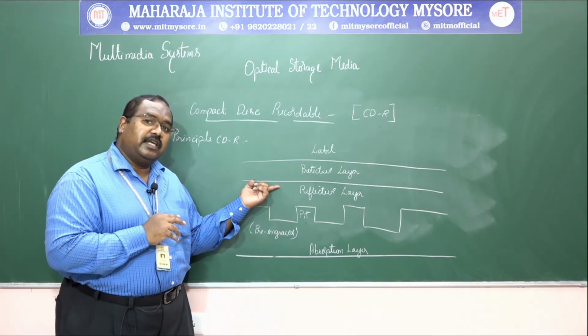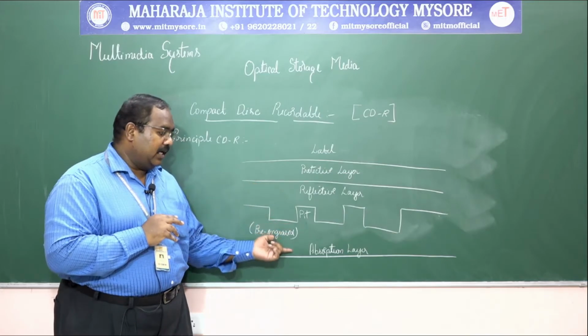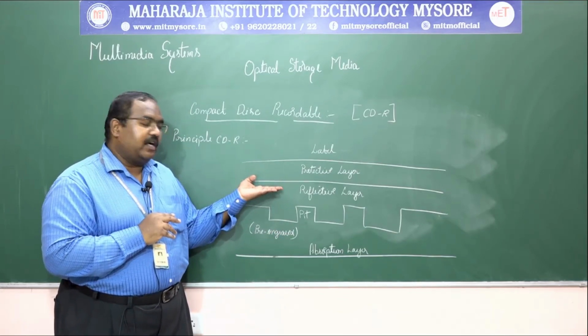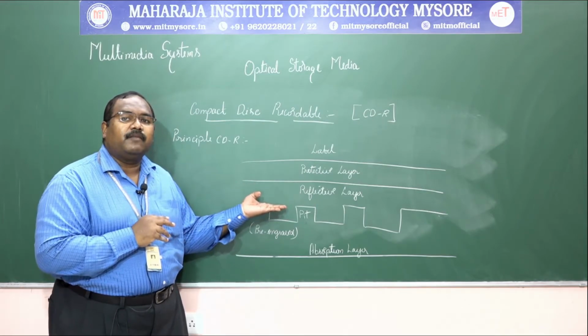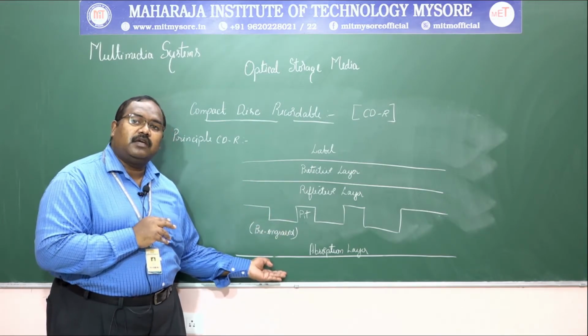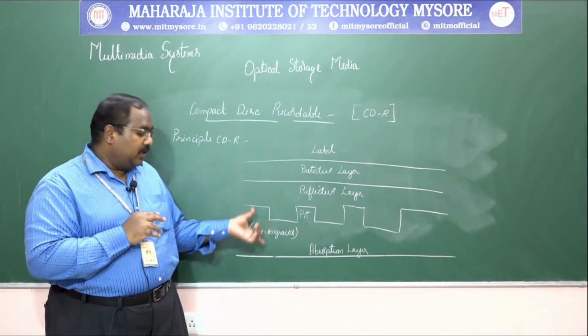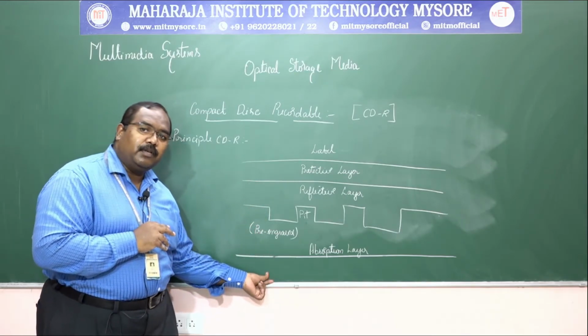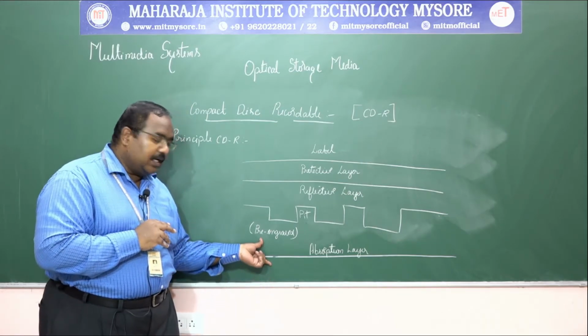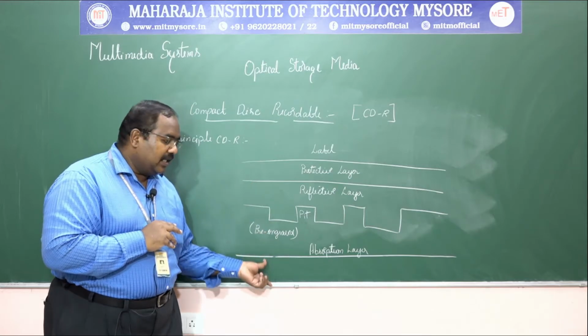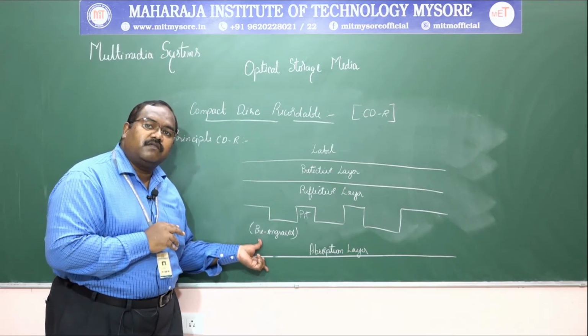But what happens in a CDR? An absorption layer is given between the substrate layer and the reflective layer. Look at this: below is the substrate layer, then the absorption layer between the substrate and the reflective layer. This is the importance of the layer.